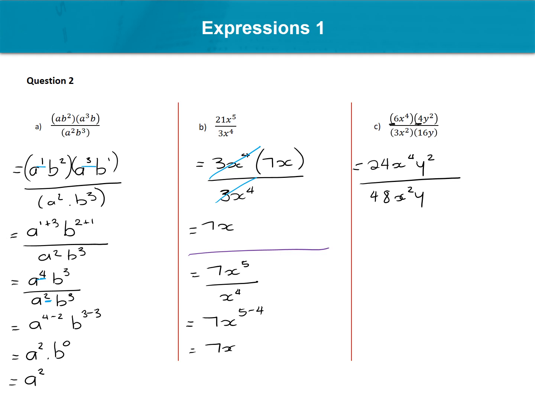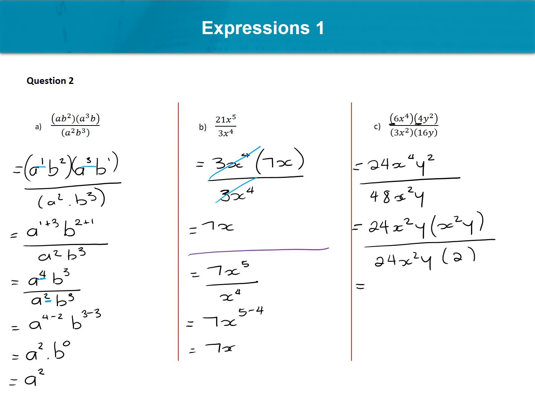So once again, we can take out a common factor, the biggest one we can take out. So we can take out 24 x squared y, and we're left with, at the numerator, just x squared y, and then we can take out 24x squared y, and you're left with 2 in the denominator.